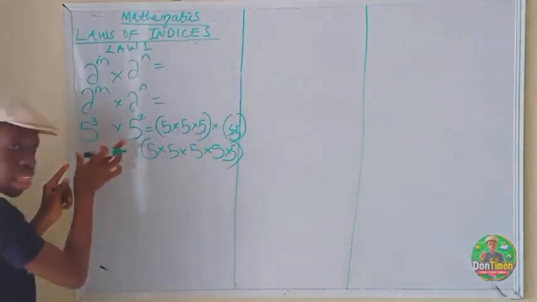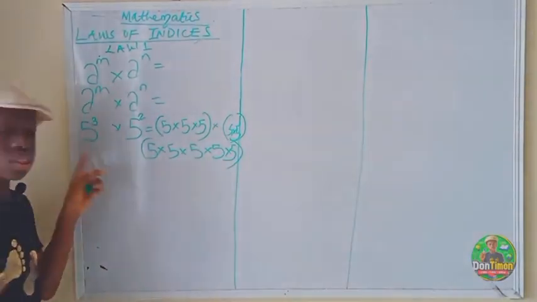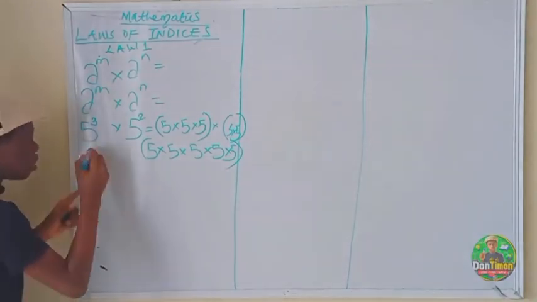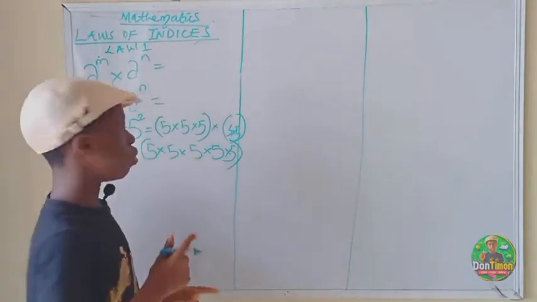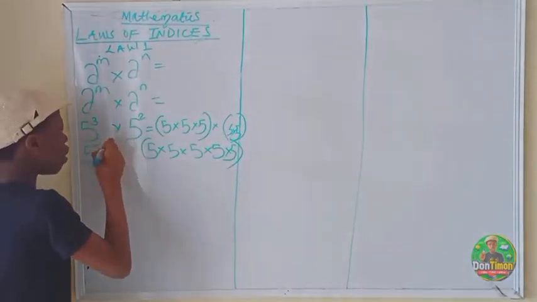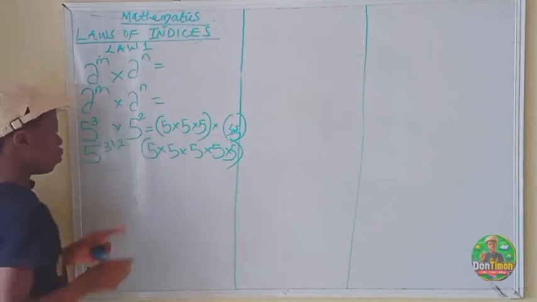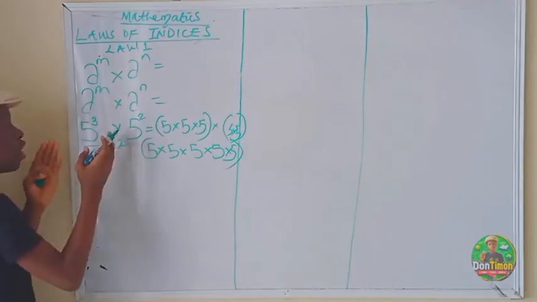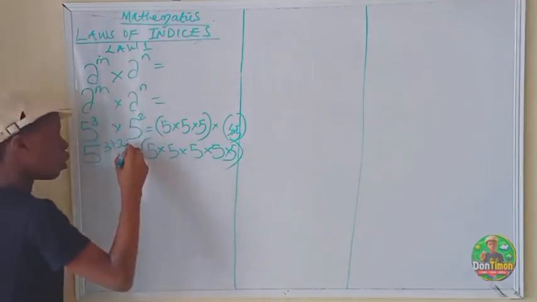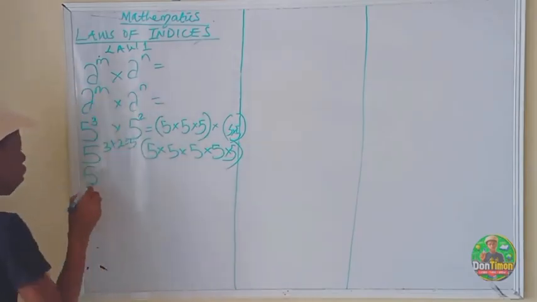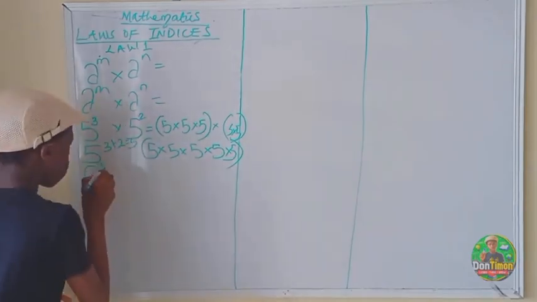But there's a very easy way to do this. Since both bases are identical, you pick one base. And you now write 3 plus 2. You add their exponents, which is 3 plus 2. 3 plus 2 is 5, which will give you 5 raised to the power of 5.